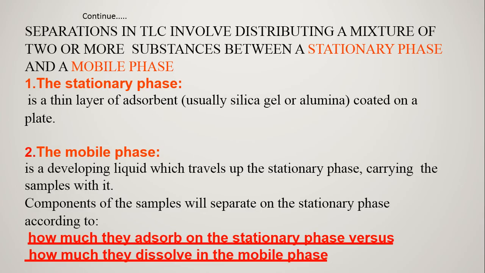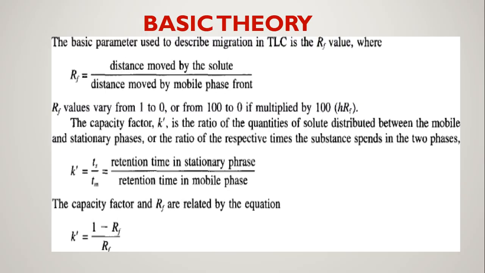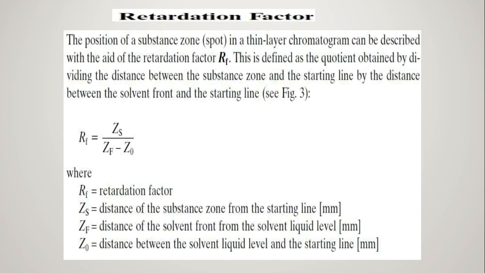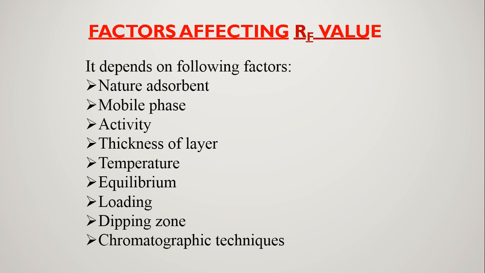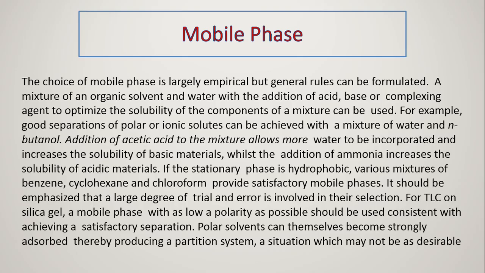These all things we have seen in a previous lecture. Then basic theory of TLC and the factors affecting retardation factor value. So these were the factors which directly affect the value of retardation factor.